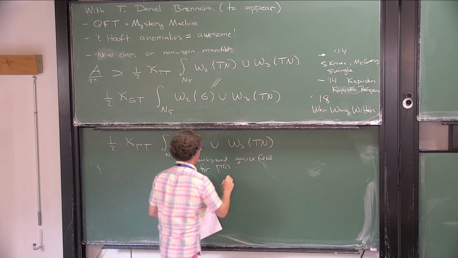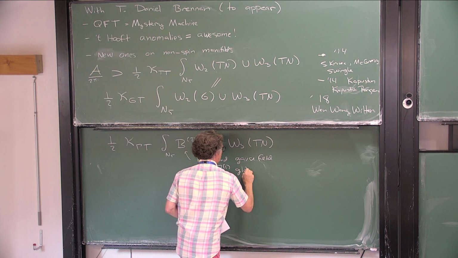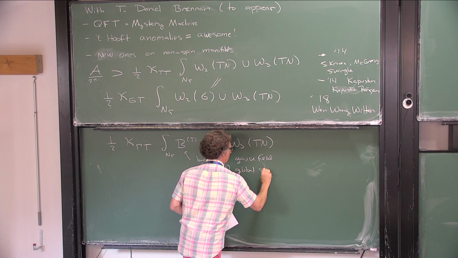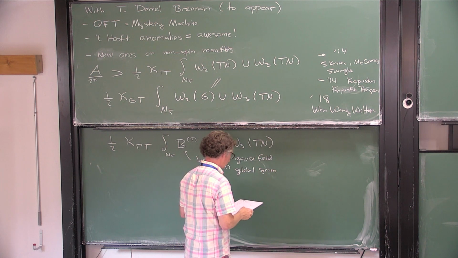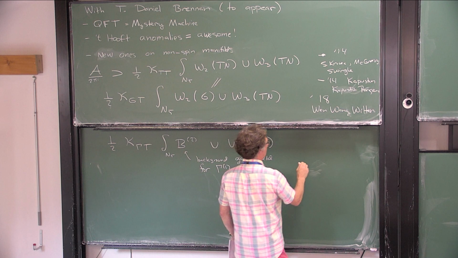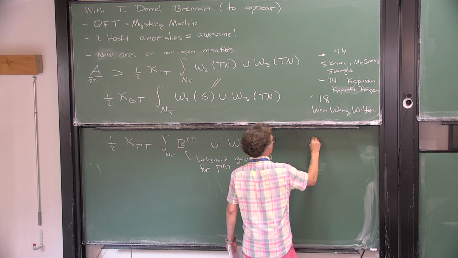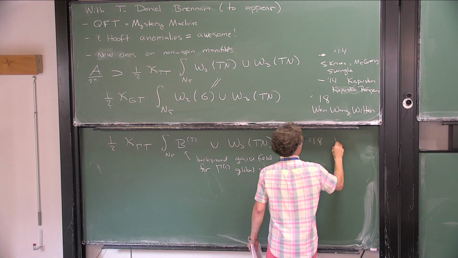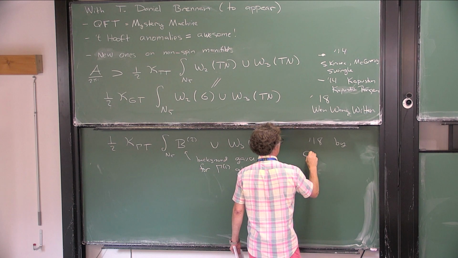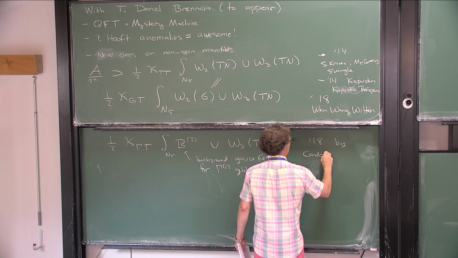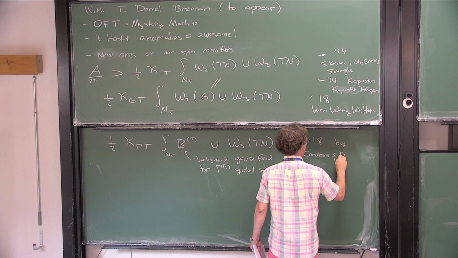There's a one-form global symmetry. This kind of anomaly was discussed also in 2018 by Cordova and Dumitrescu.